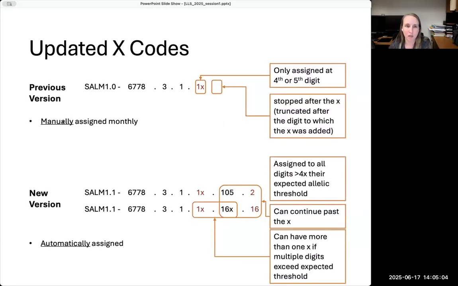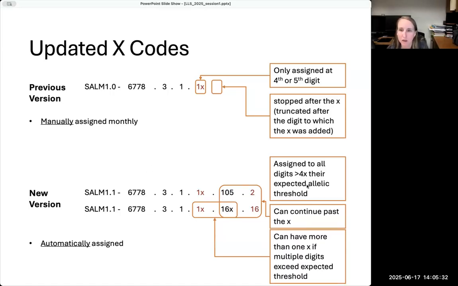Here are the differences between the previous X codes and now. Previously, they were manually assigned monthly, and now they are automatically assigned, so they should be more up to date. Before, if an X code was assigned at the 4th digit, there would be no more digits after that, so it's truncated.